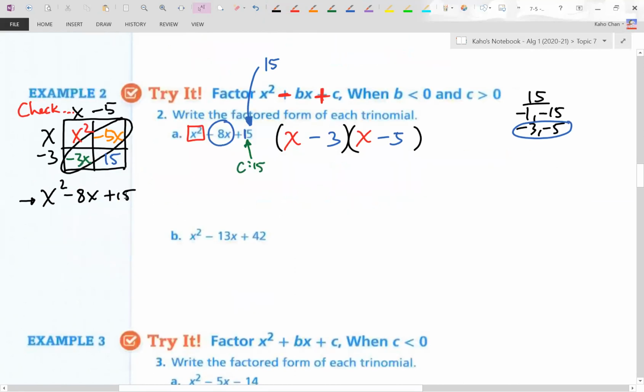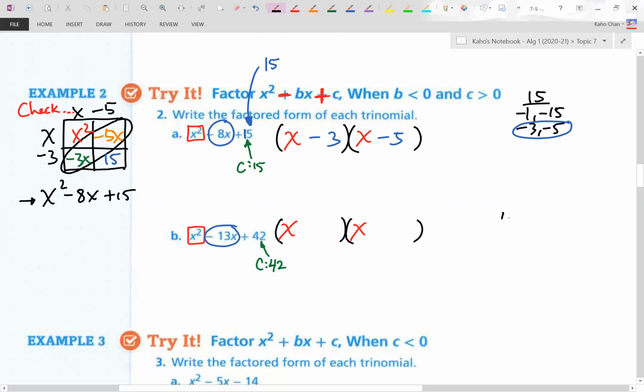All right. Let's try number 2B. We have our A as 1 again. That's easy. So that makes our life easier in the front of each binomial. That's just x times x. There's only one way to get x squared. Ooh, 42. Definitely need both negatives there. And my middle value is negative 13. Keep that in mind.